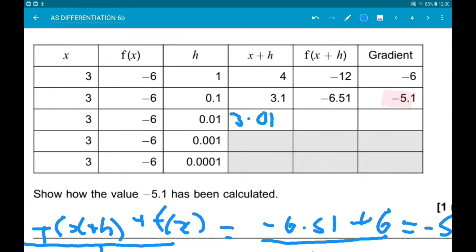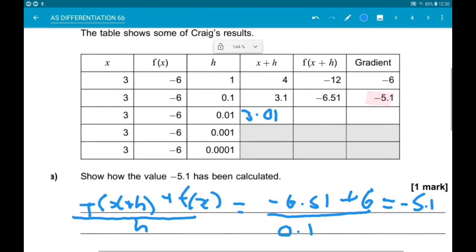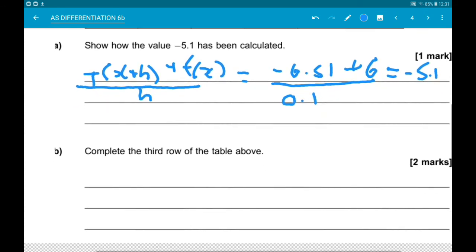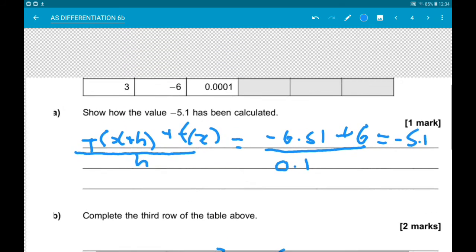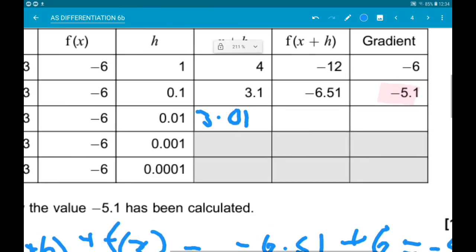Now f of x add h is going to be 3.01 minus 3.01 squared. Now that gives us minus 6.0501. So that goes in here.